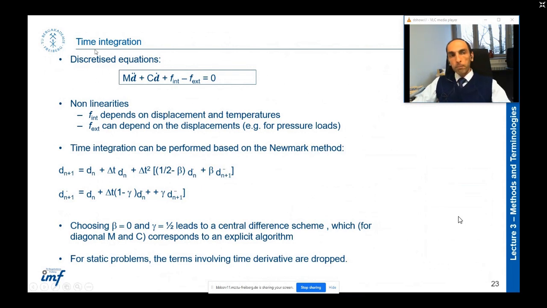And then, of course, similar to what we have done for the weak form, for the calculation for the time we should also integrate using these equations.